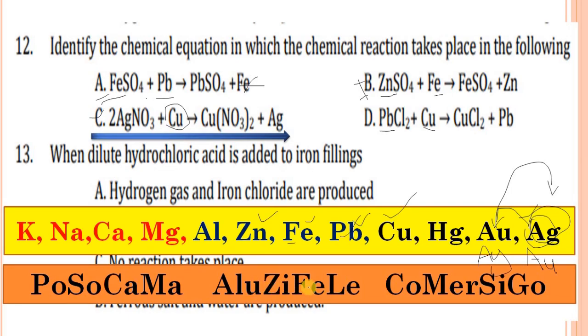So Aluzifele, that word you should remember, Aluzifele. Then after that copper is Co and mercury Meri, and then silver Si and gold Go. So Co Meri Si Go. So Po So Kya Me, Aluzifele, Co Meri Si Go.